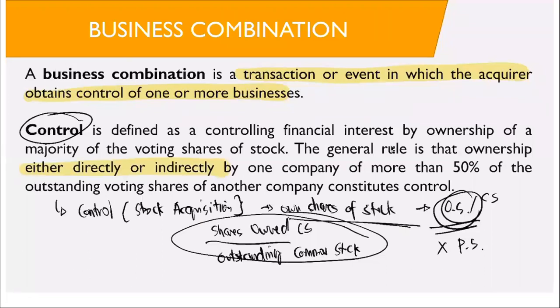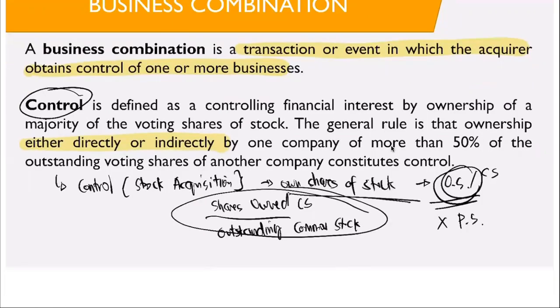Owned directly or indirectly. So for example, A company purchases stocks in X company. A company also owns D company. So A company purchased 30% of X company.